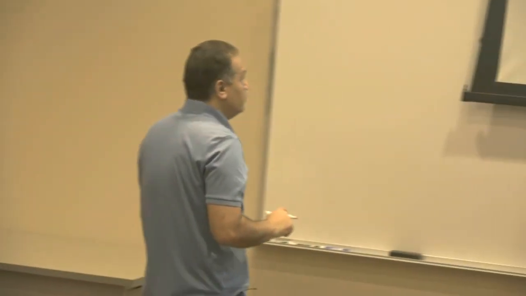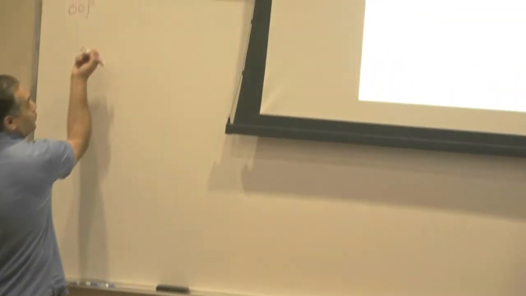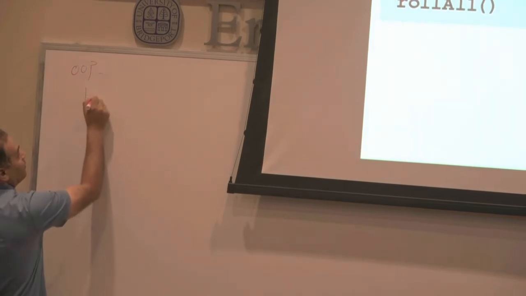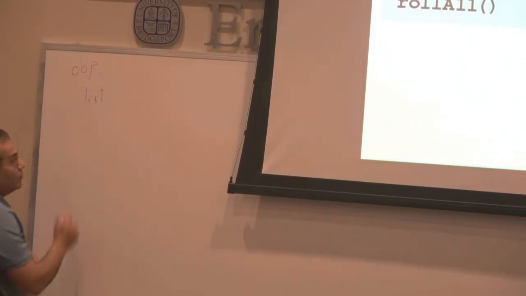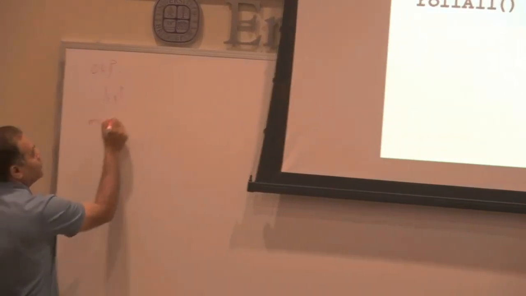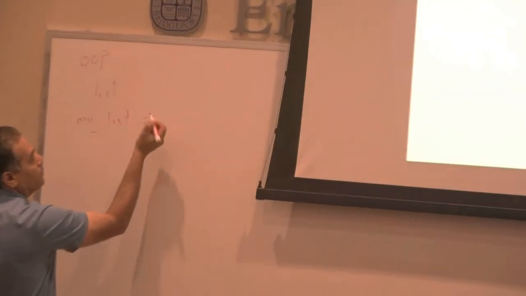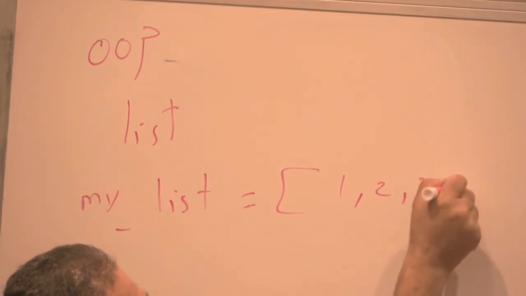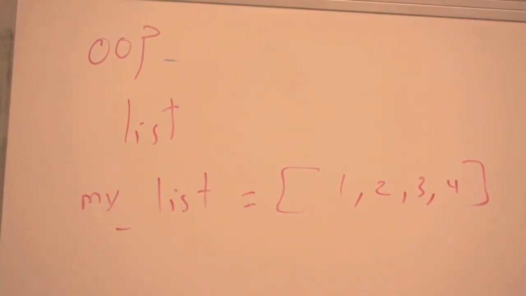We started dealing with objects a long time ago. For example, the list. When I say my_list equals list of 1, 2, 3, 4, what is this? This is an object. What is this object? It's a list.